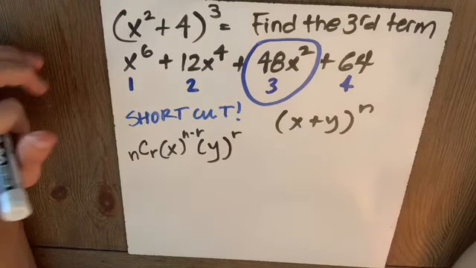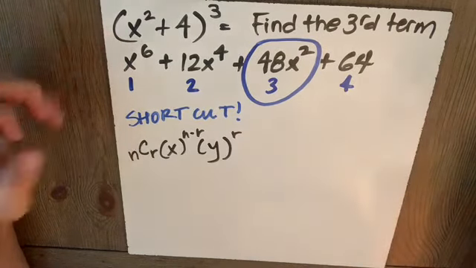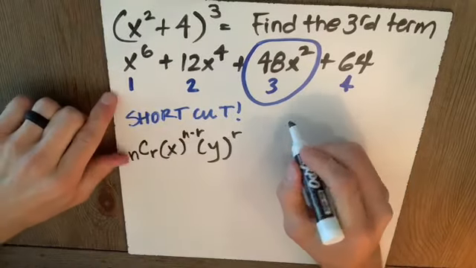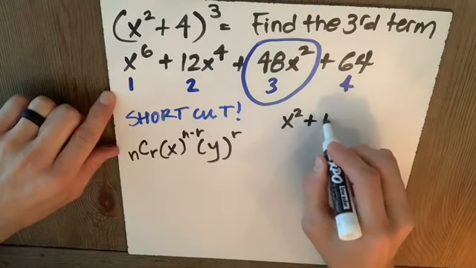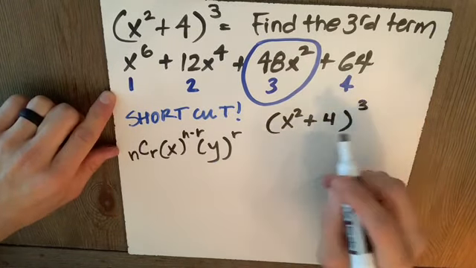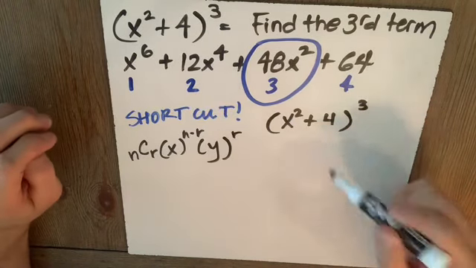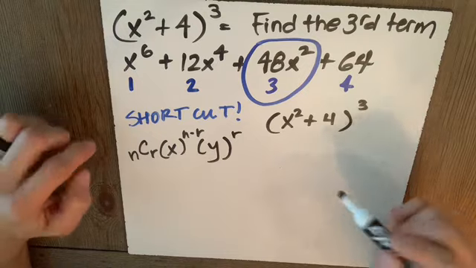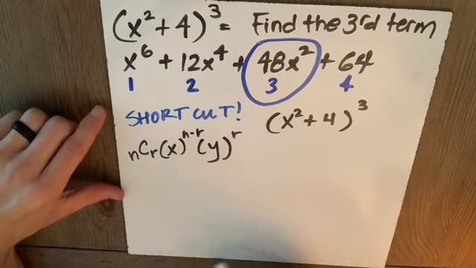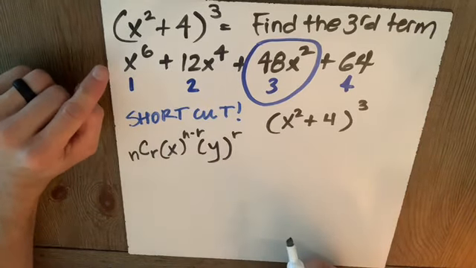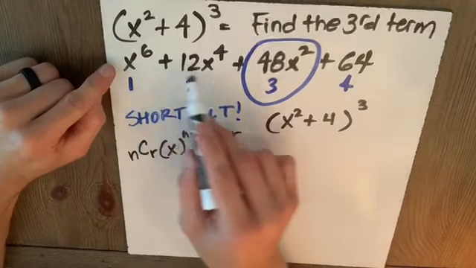So when we are asked to find the third term of (x squared plus 4) to the third power, notice our given first term is x squared and our second term is 4. So if I'm using this formula, remember what we did to find our coefficients.